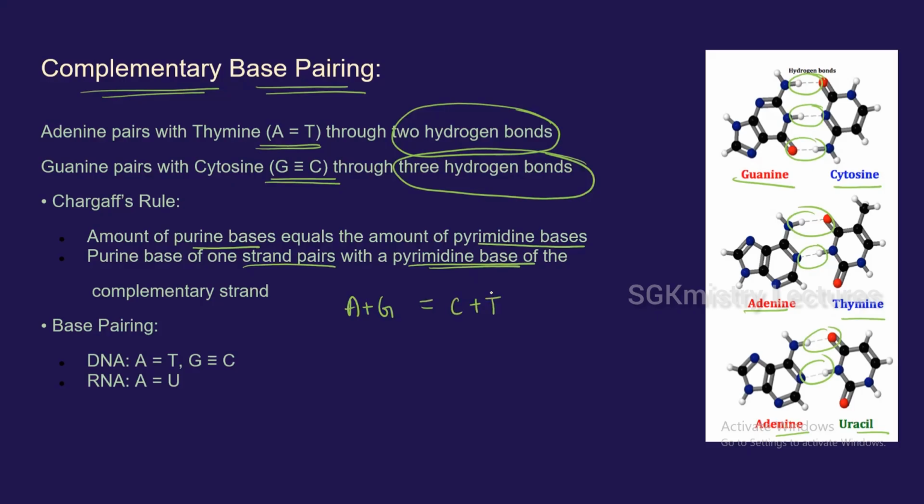The amount of purine bases is equal to the amount of pyrimidine bases, because adenine always bonds with thymine and guanine bonds with cytosine with the help of hydrogen bonding. So in DNA, AT bonding takes place as well as GC bonding. In RNA, AU as well as GC bonding takes place.